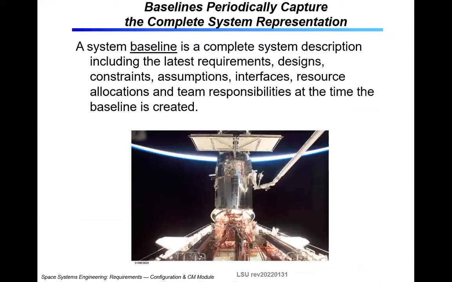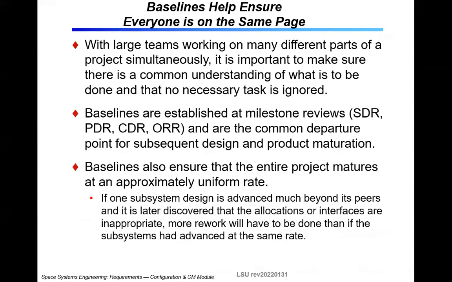All right. So the first part of this is to establish a system baseline. This baseline is your complete system description, including your requirements, your designs, constraints, assumptions, interfaces, resource allocations, et cetera, et cetera. That is the baseline project that you have.